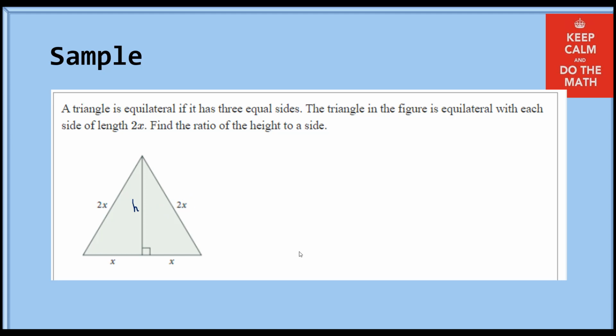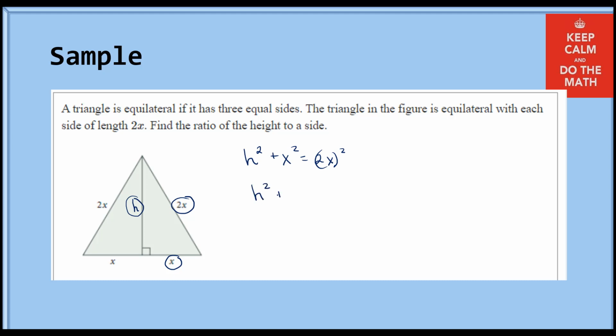Since it is a right triangle, I'm going to use the Pythagorean theorem to find this missing h. That gives me one leg, x, and another leg, h, equal to my hypotenuse of 2x. So I'm going to write h squared plus x squared equals (2x) quantity squared.